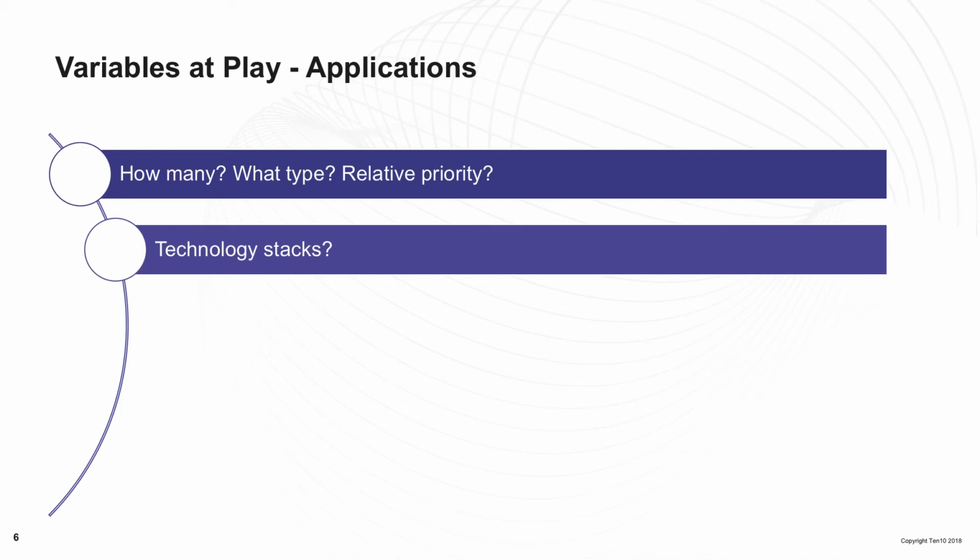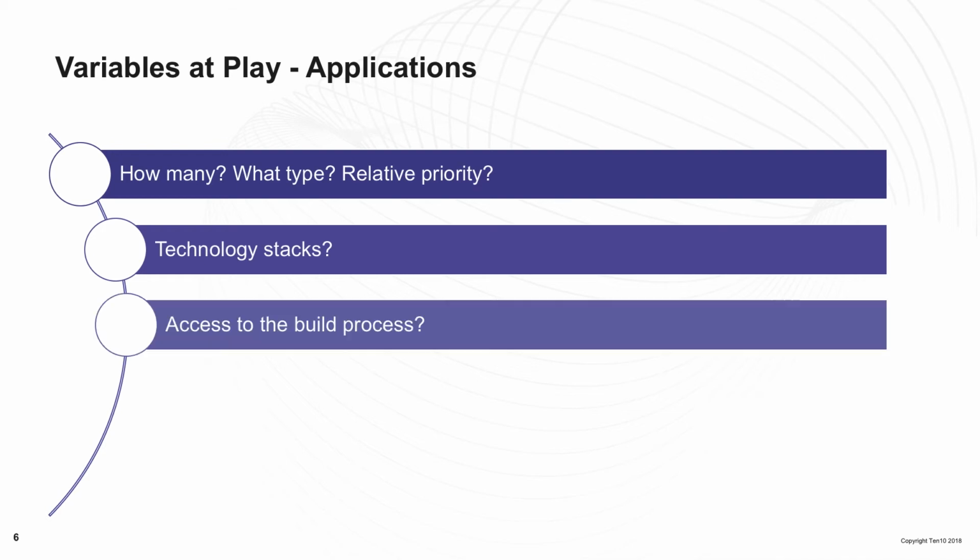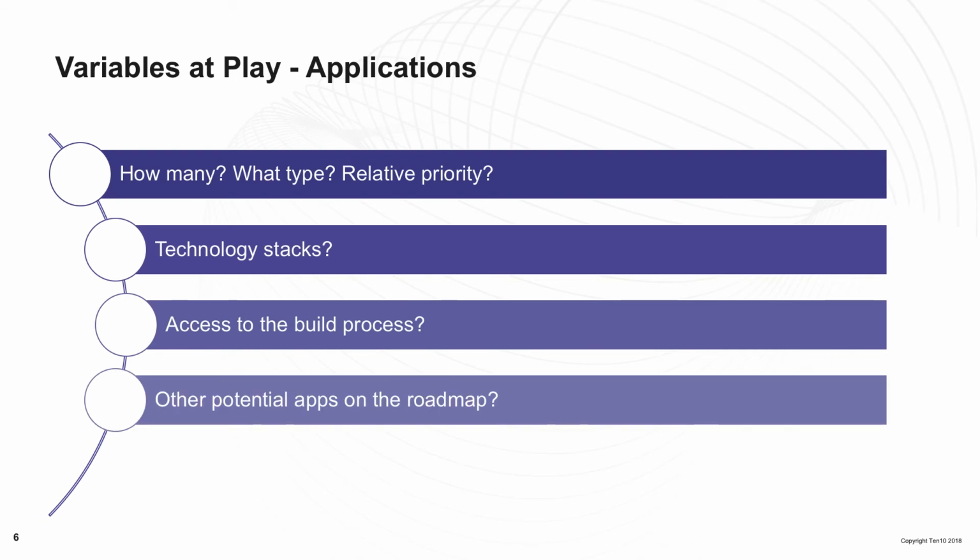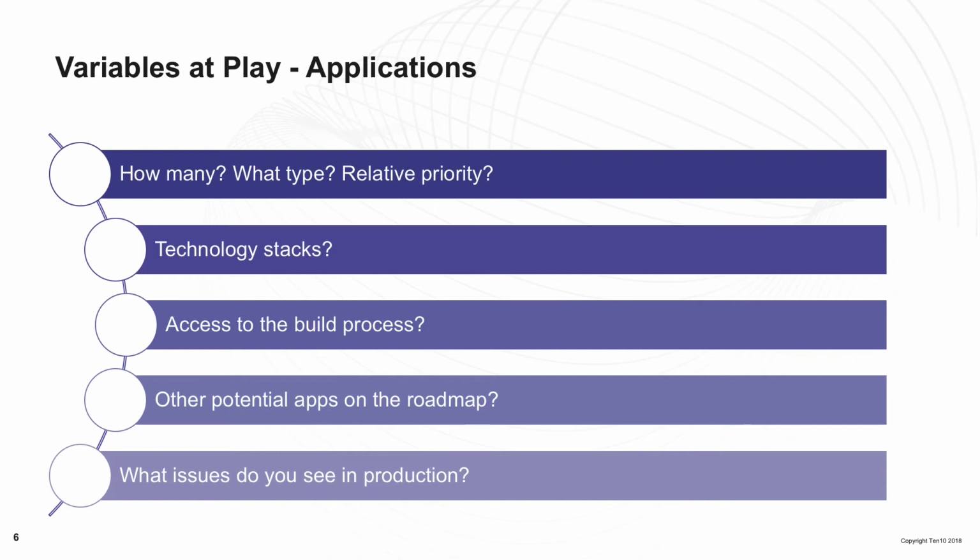If you then think about the technology stack, whether you have access to the build process for that particular application, what else is coming down the line, and also give some thought to what issues you see in production, what defects you find either in test or in prod, so where is the pain, and that's tied in as well with how often that application is deployed.